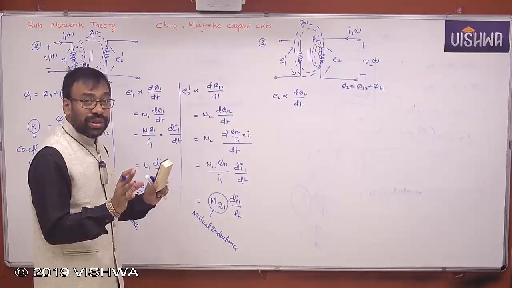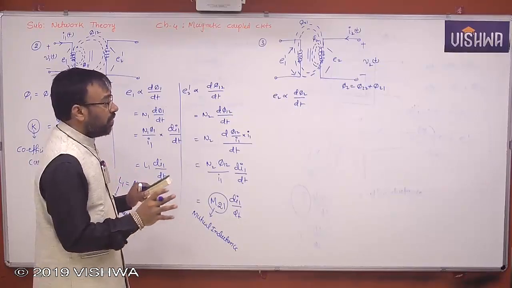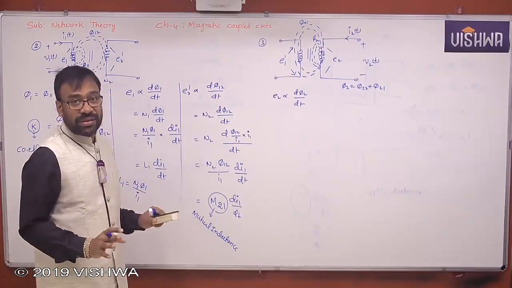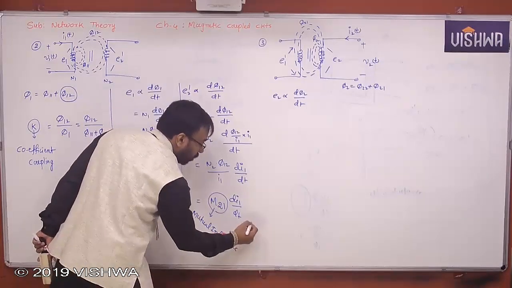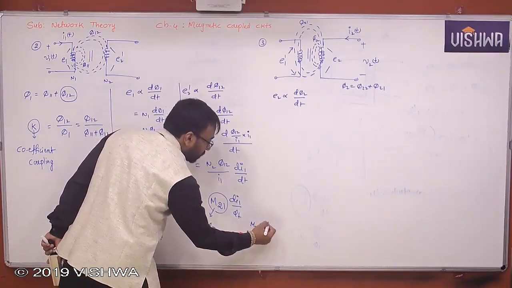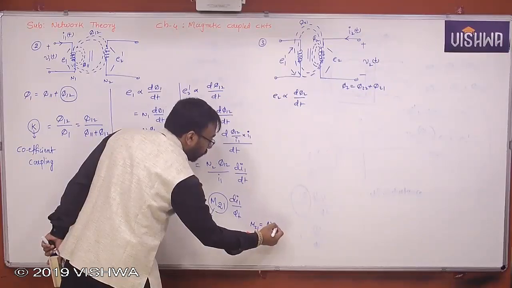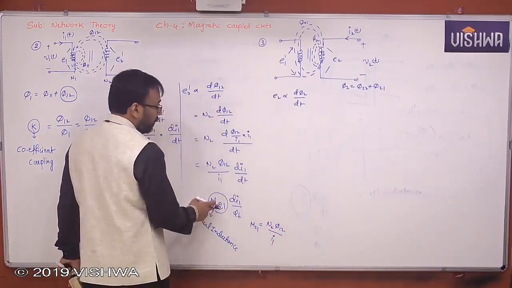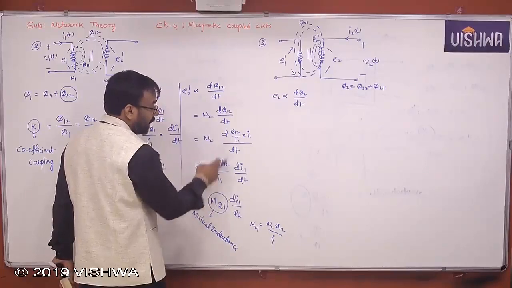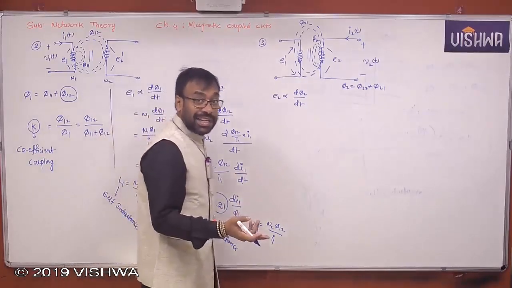So you should observe that terminology clearly. Phi 21 and M21 are different. In the case of M21, what is involved here? M21 is N2 phi 1 2 by I1. So in M21, you will get a term phi 1 2. Understand, all of you?